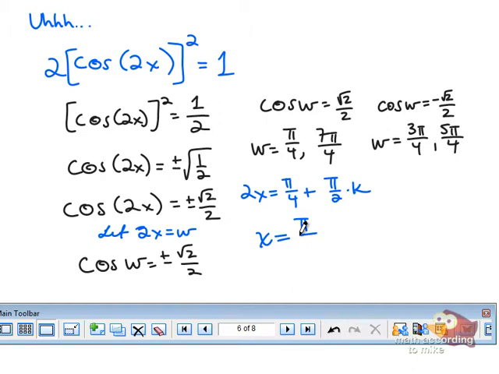Pi over 8 plus pi over 4 times k. Good news, everyone. That's the easy answer. If they did not give any restrictions on x, then that's what you would say.